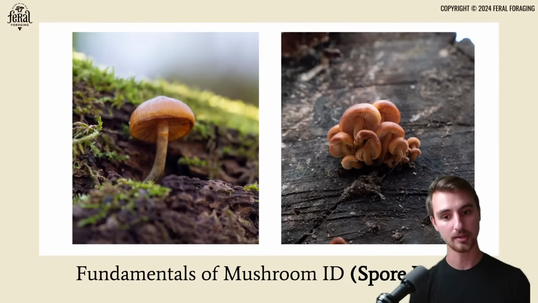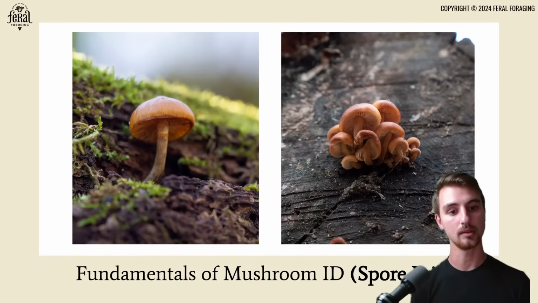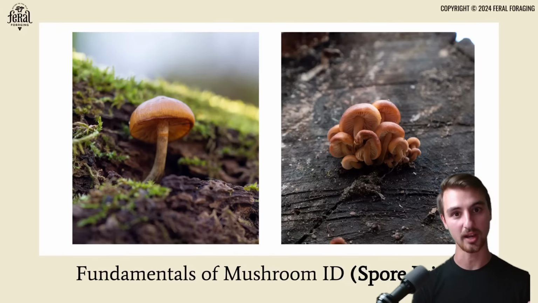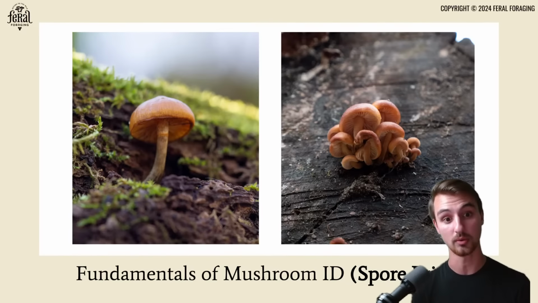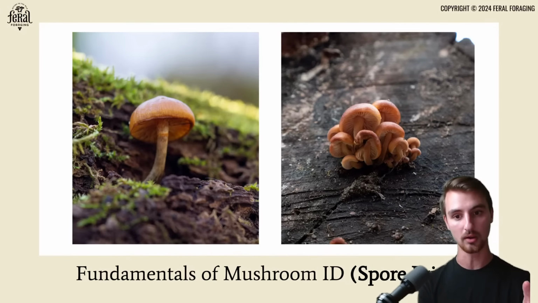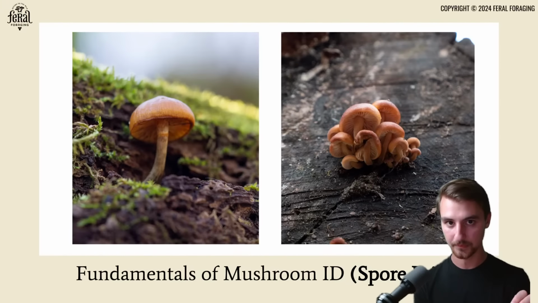One of the most important details with mushrooms is the spore print. The reason I know that's important is because if you look on keys for distinguishing mushrooms, particularly gilled mushrooms, this is something that you're going to encounter, the color of the spore print. These two mushrooms right here can look kind of similar.